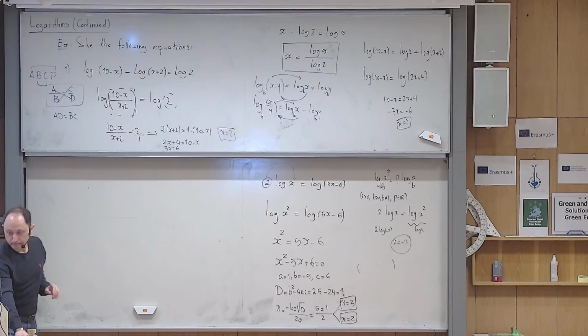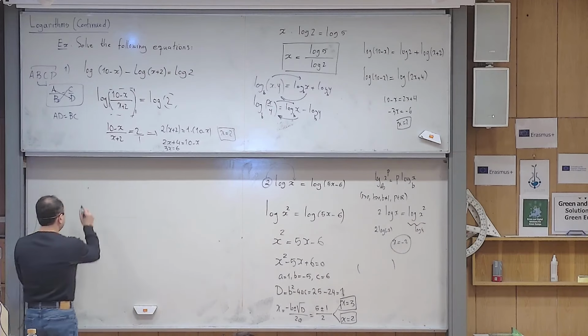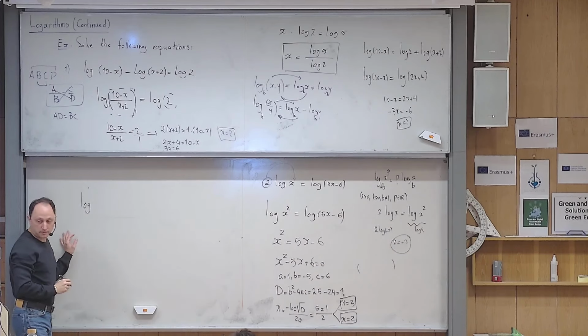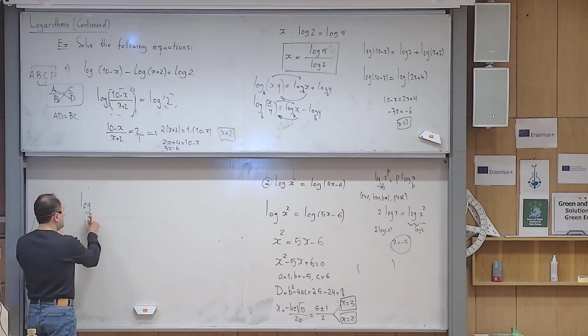This question. Logarithm of x plus, let me change the base because they are always writing with base 10. That's not a good idea. Let me choose base 2 this time, and I want to wait for you again.